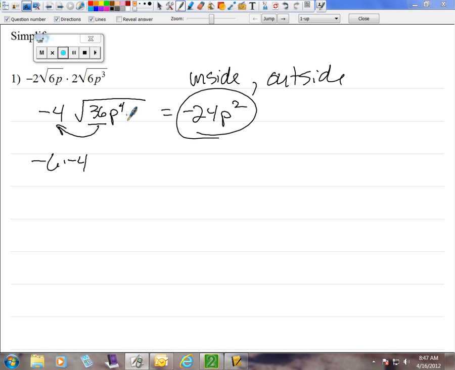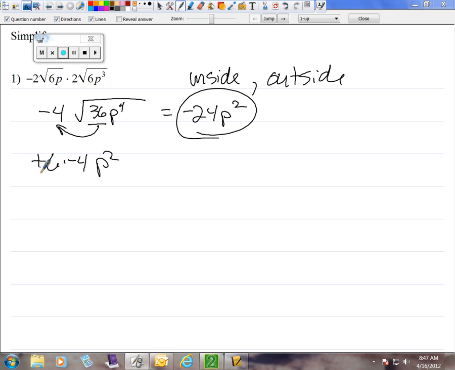What's the square root of p to the 4th? What do we do with the exponents? We divide by the root, don't we? How many times does 2 go into 4? 2. So that gives us a p squared. Are there any left inside? No. No remainder. Oh, sorry.